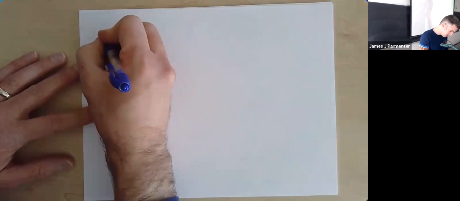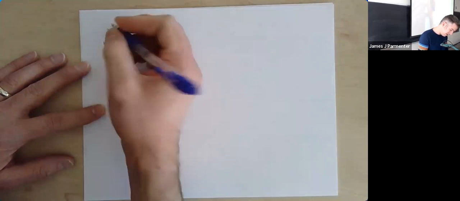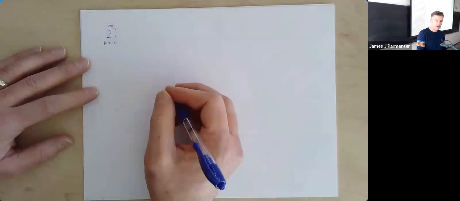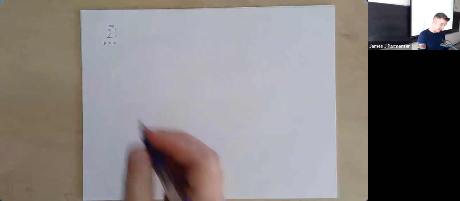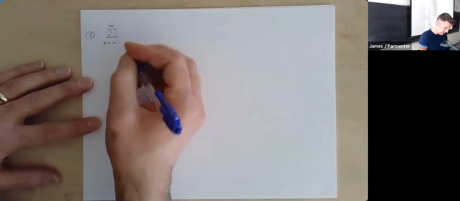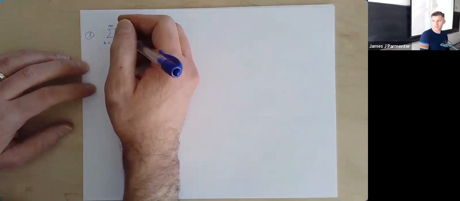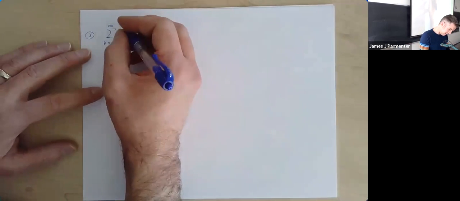Let's say we're going to test for convergence or divergence the sum from k equals 10 to infinity of, let me think for a second here. Sure, I kind of like this.